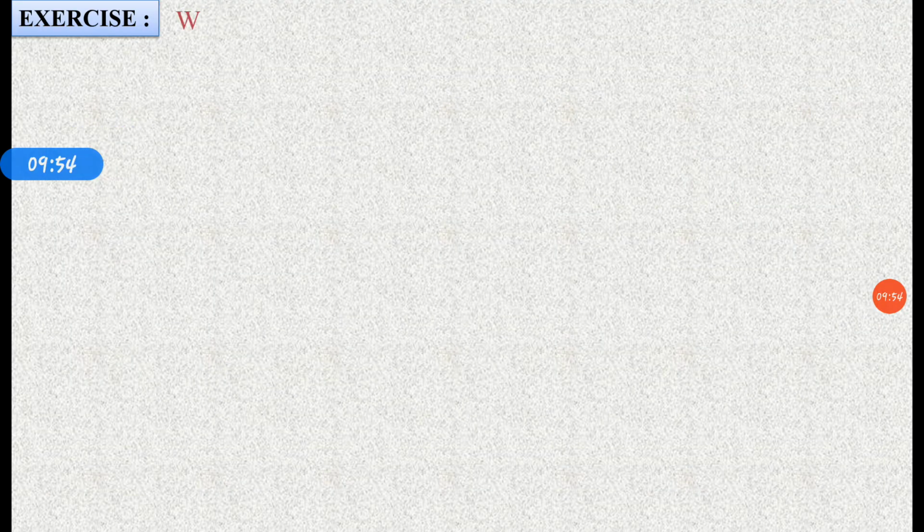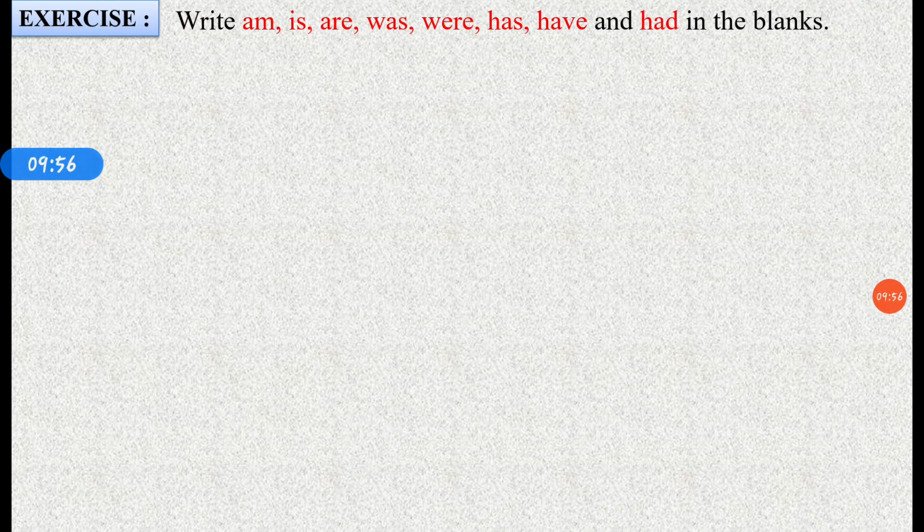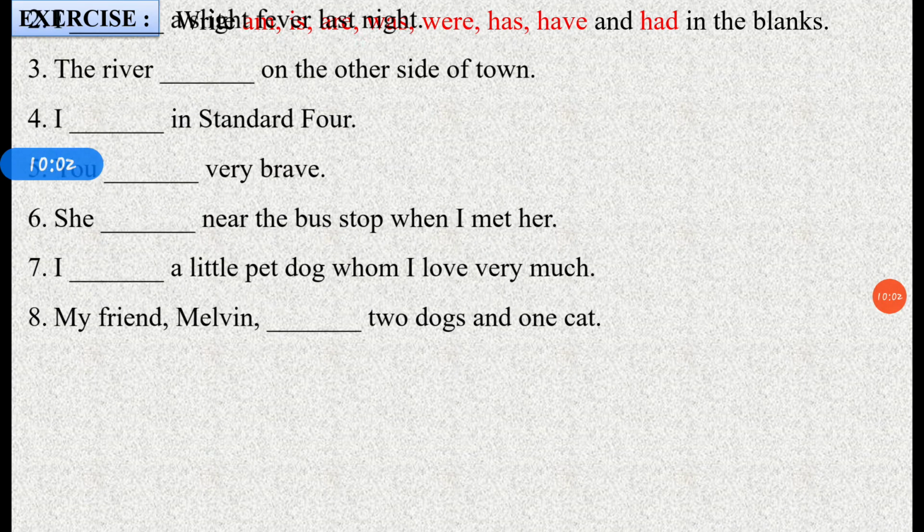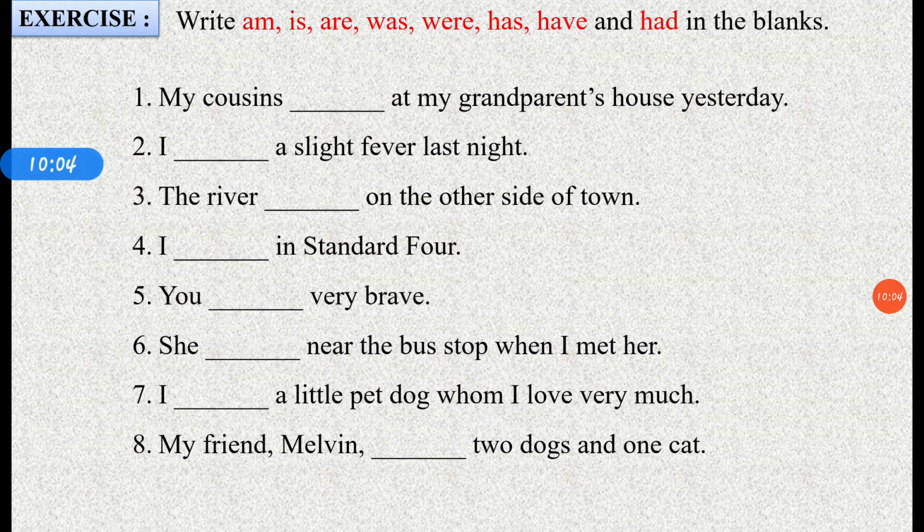Exercise: write am, is, are, was, were, has, have and had in the blanks. Look at the exercise. My cousins... See, cousins is a plural noun, and it is talking about the past, at my grandparents' house yesterday.